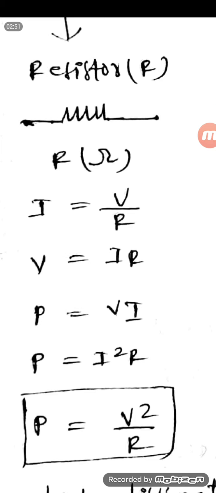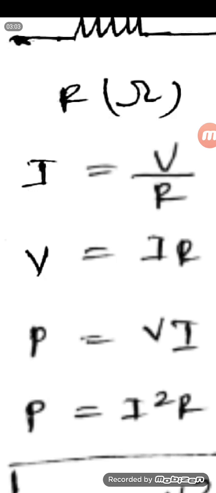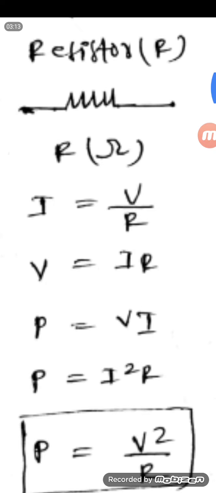When the circuit consists of a resistor, finding the current is very simple, that is I is equal to V by R, and V is equal to I into R. If we multiply I into V, then we will get power.